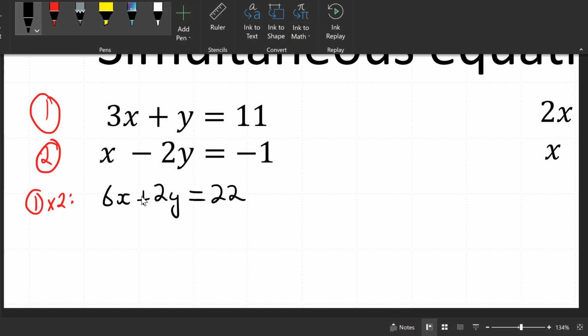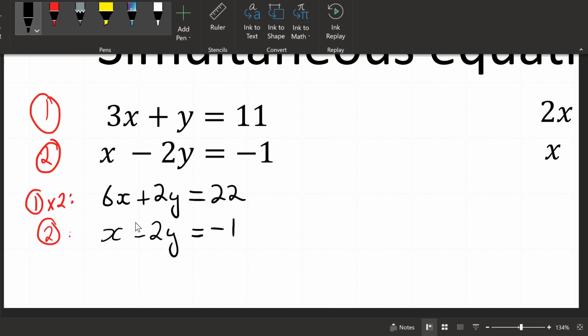So 3 by 2, 6, y by 2, 2y, 11 by 2, 22. And then equation 2, we're not going to edit in any way, but we will still plug it in here.